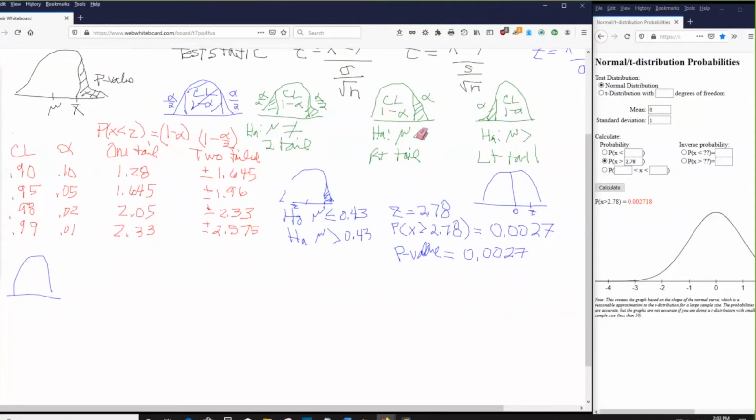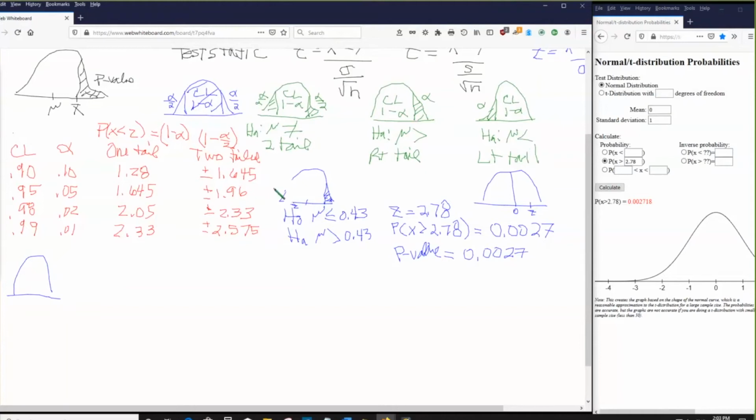I do apologize. You can just look at this intuitively. We're looking for a number bigger, that's going to go to the right. So that means this mean should be bigger, and then this one is going to be going smaller.